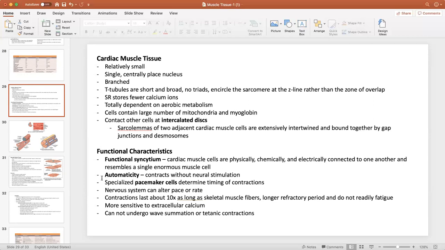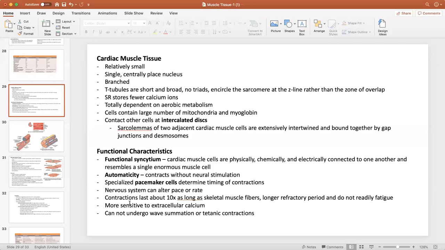We have automaticity. This is where we have contraction without neural stimulation. So we have pacemaker cells. This creates a regular determined timing of contractions. This sets off the contractions within the cardiac muscle tissue. The nervous system can influence the pace, so we can increase and decrease our heart rates, but we have the pacemaker cells to stimulate and activate the specific muscle fibers.